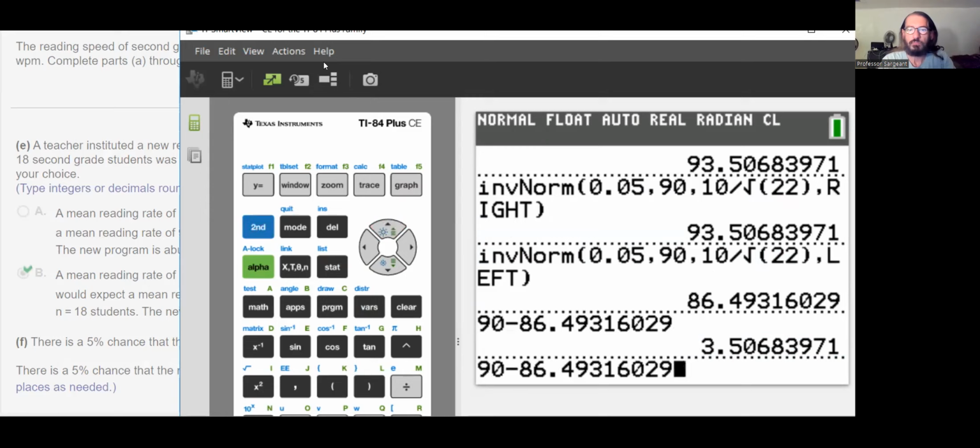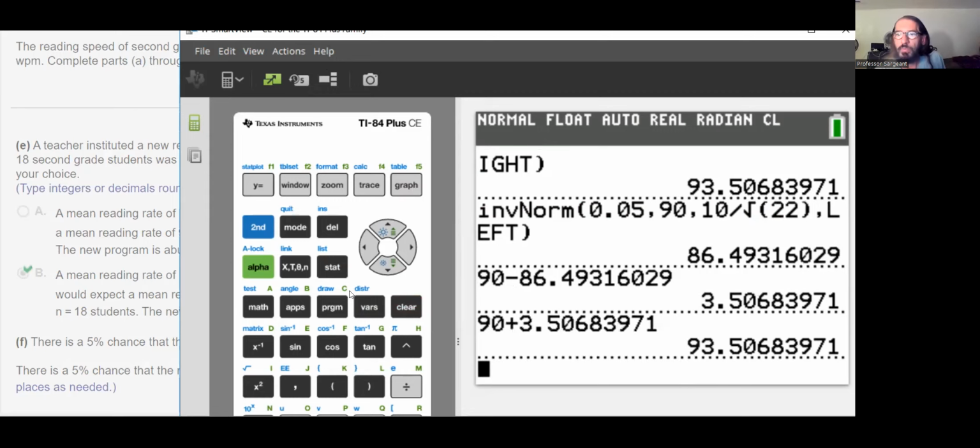We just found out how far the one on the left would be. That would cut off the bottom 5%. Now we want to go the other direction. Okay. 90 plus that amount. And you can see we're getting the same answer there. See what other questions we have.